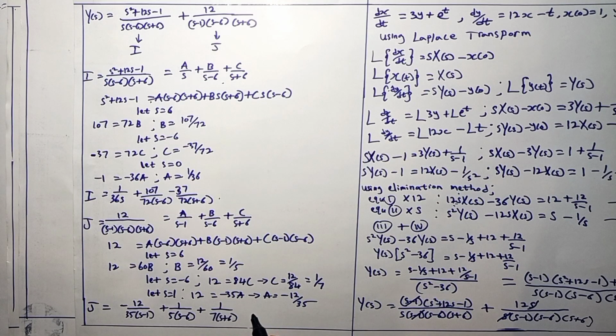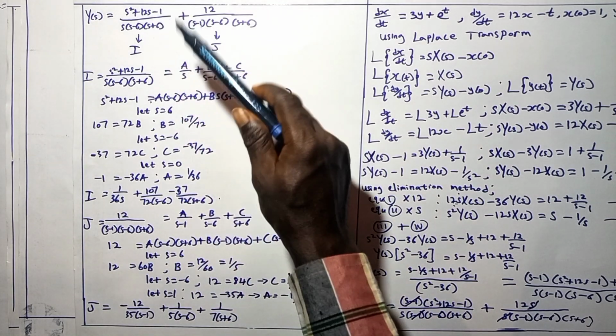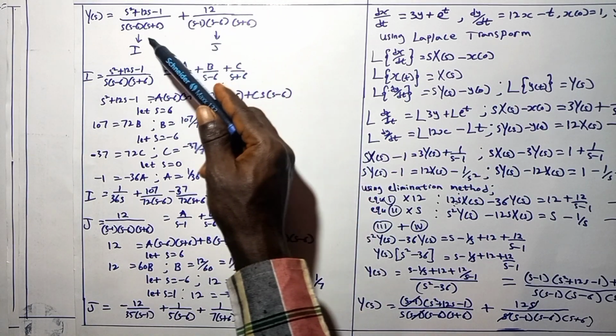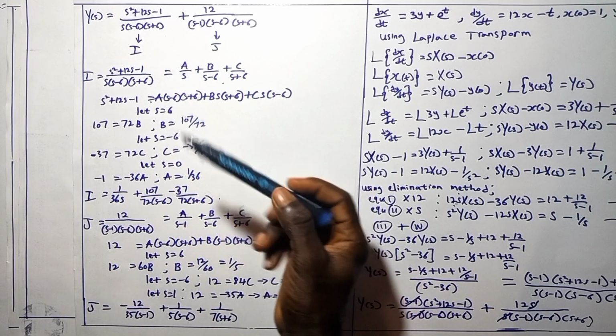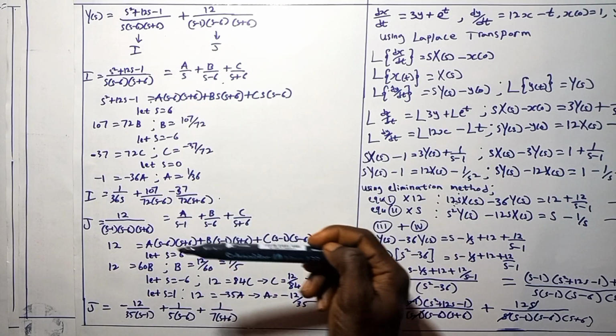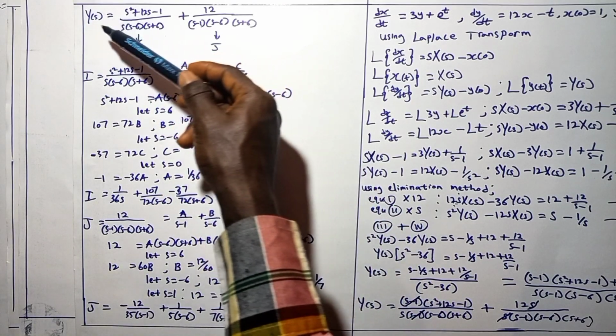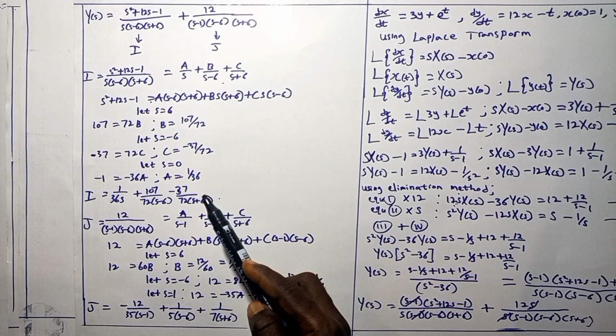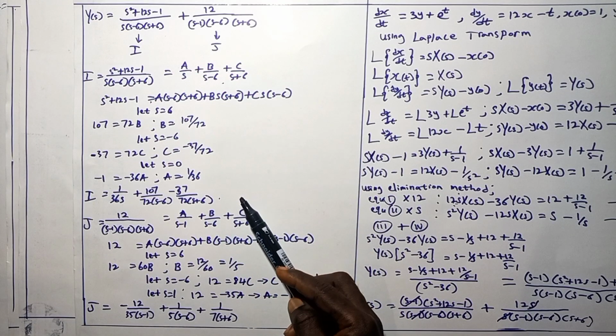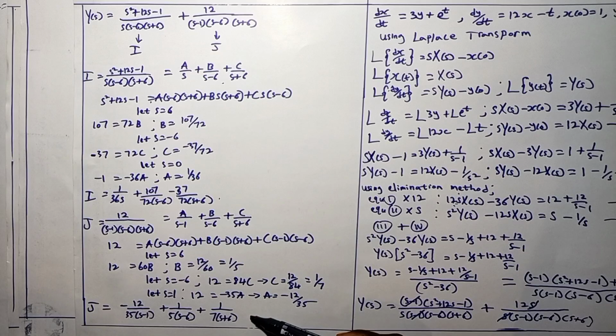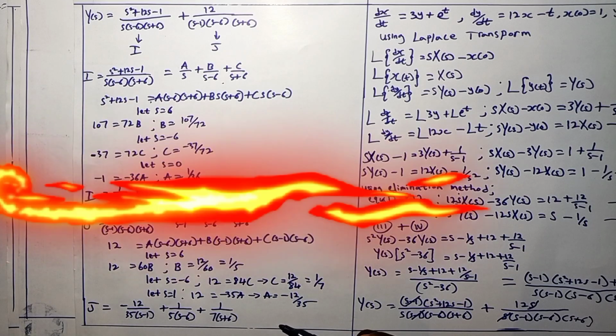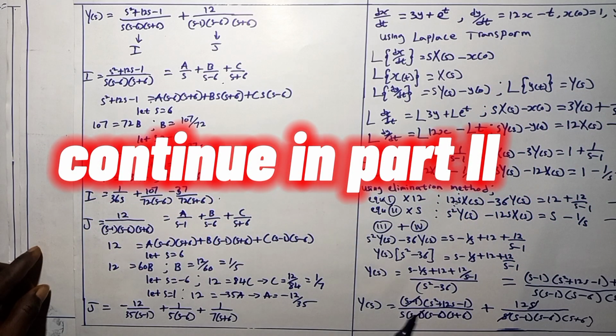So now this is for J. So we have split the two fractions here, I and J. Now what we just need to do is combine them to give us our Y of s back. So I'm going to be adding this I and this J together. So let's move on in part 2. Thank you for watching.